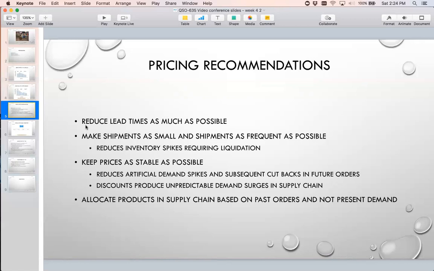What this does is this allows you to manufacture to more accurate forecasts. So what this does is this reduces the possibility of having excess inventory, because rebates are usually used, I mentioned this earlier, usually used to either get rid of excess inventory or to shift a price point.